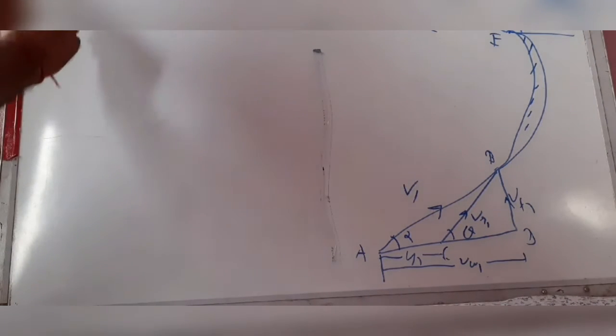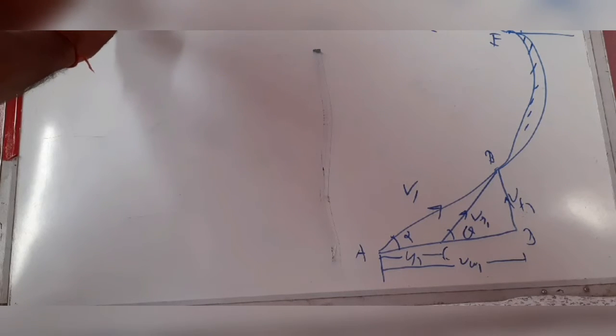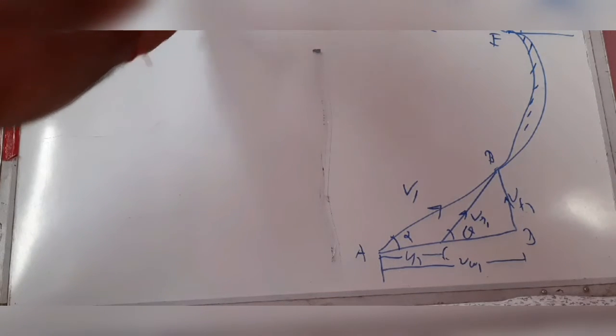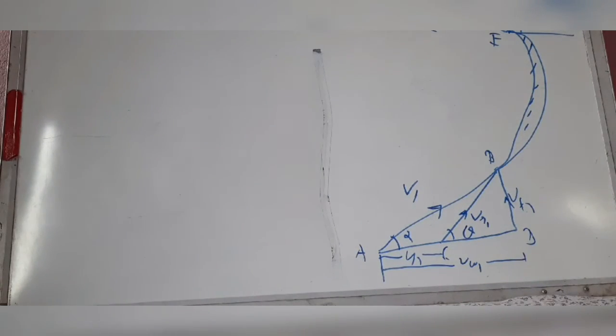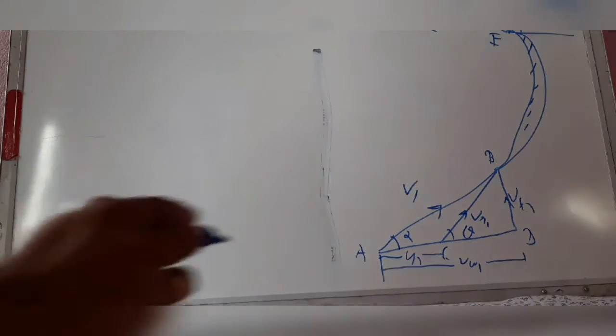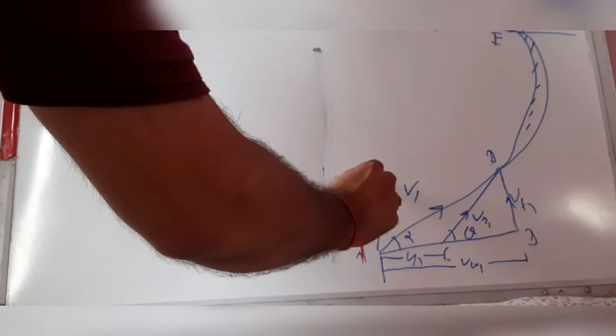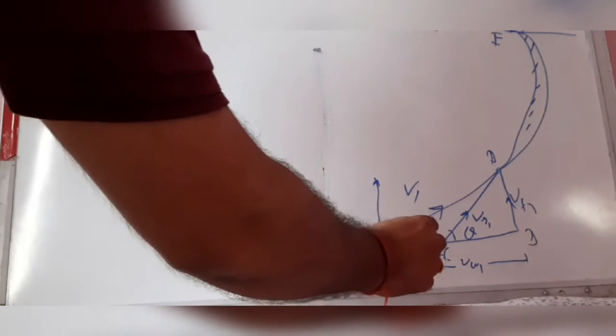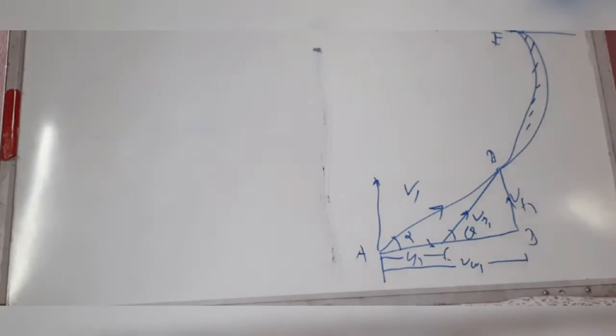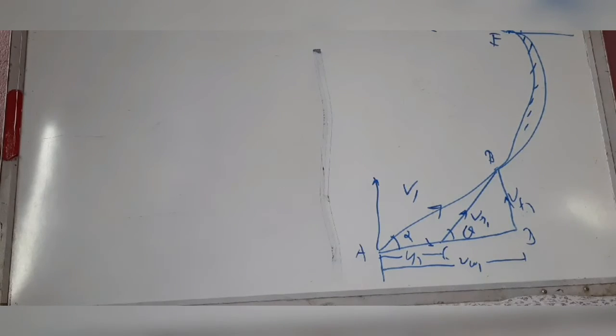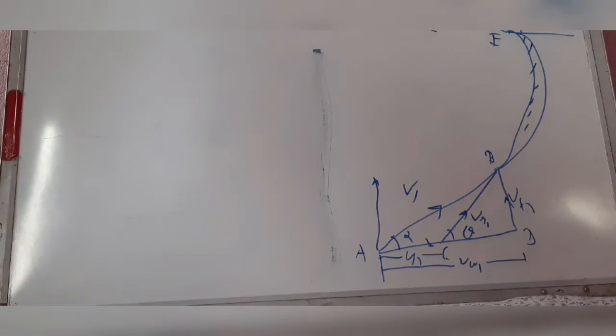And VW1 equal to V1 cos alpha. While we are making this, this is V1 sin alpha and this one is V1 cos alpha. By resolving this V1 vector, we can get these components.